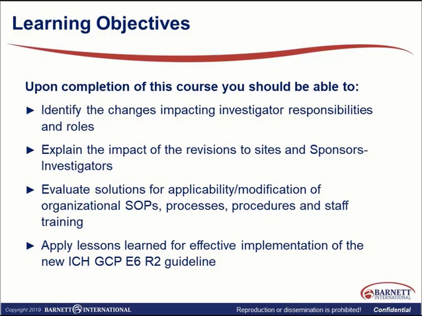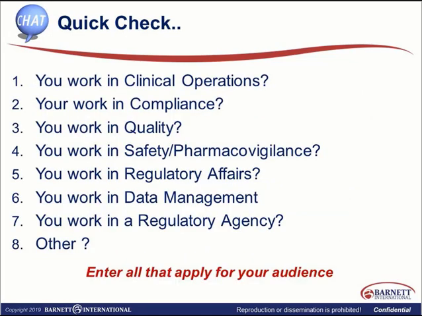We keep saying it's new, and actually it's not quite so new anymore, but I do see that a lot of the pieces of it have been slow to be adapted to especially by pharma and by sponsors. So we're going to take a look at that and see how far along you have come and how much further you need to go.